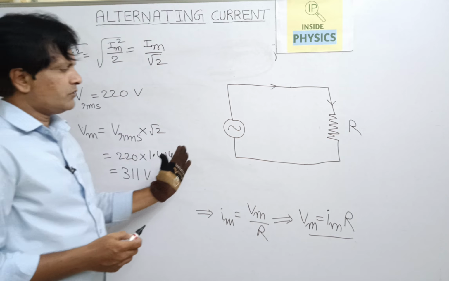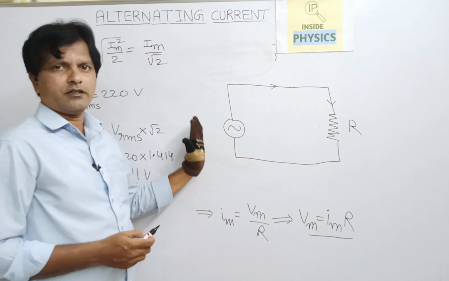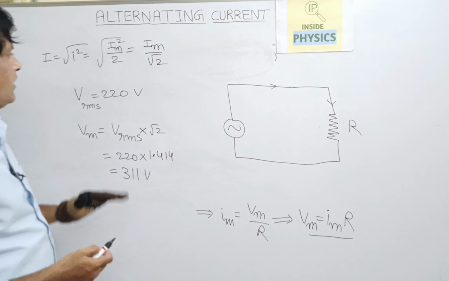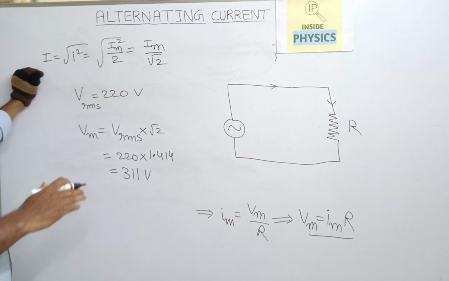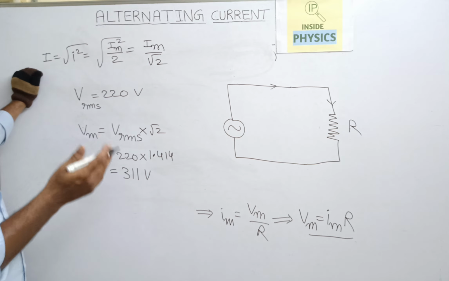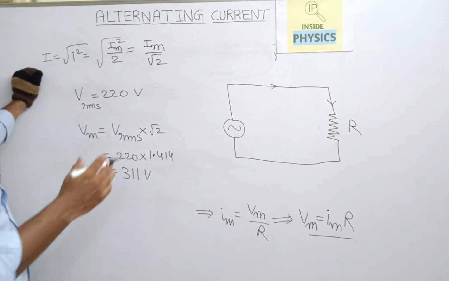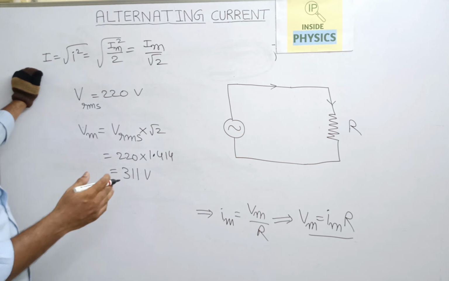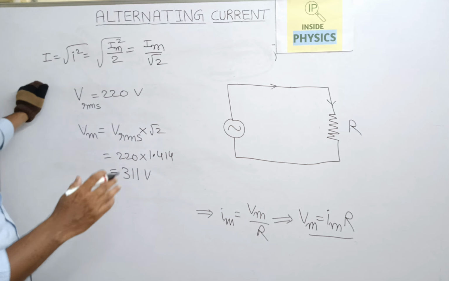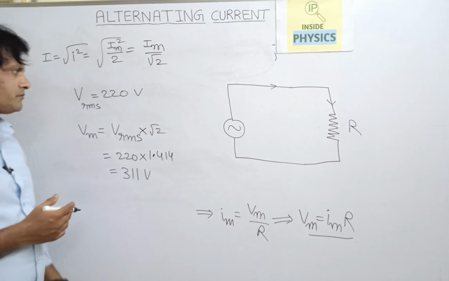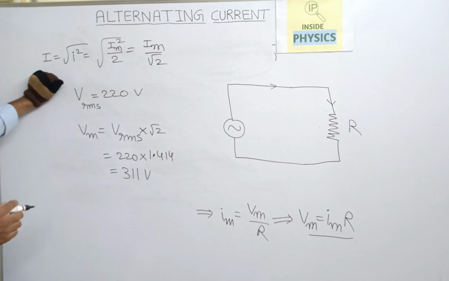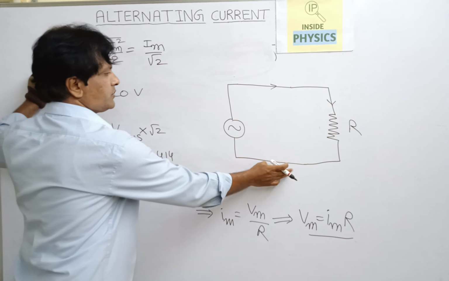If you take a graph for the voltage and current, I already showed that both the current and voltage have their minima, maxima and highest peak values at the same time. This is the pure resistive circuit.